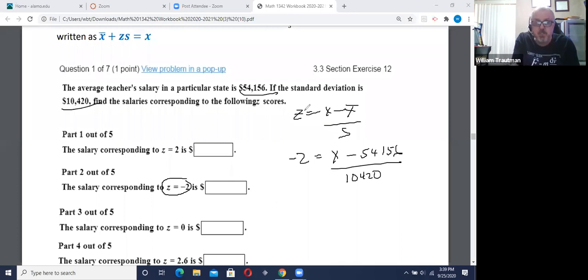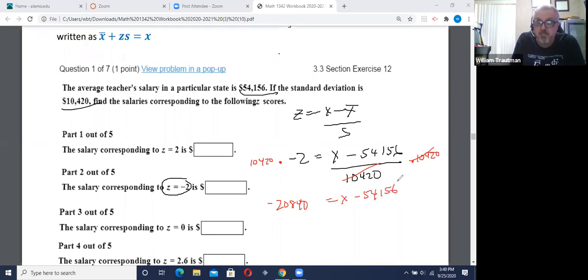Get the 10,420 to the other side by multiplying it. It's dividing, so I need to multiply by 10,420. One on the bottom and one on the top cancels. And on this side, 10,420 times negative 2 is -20,840.